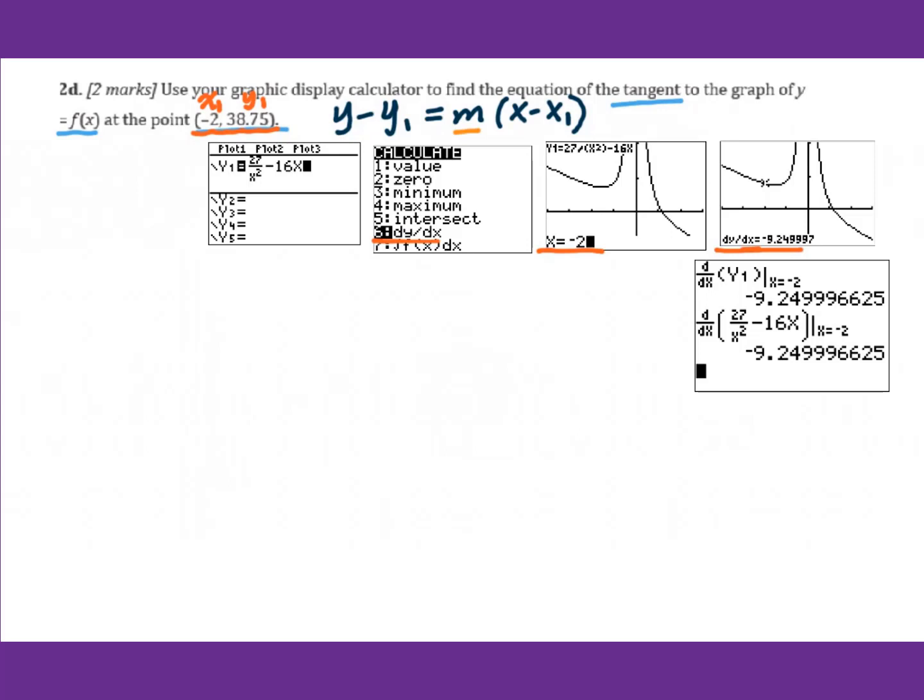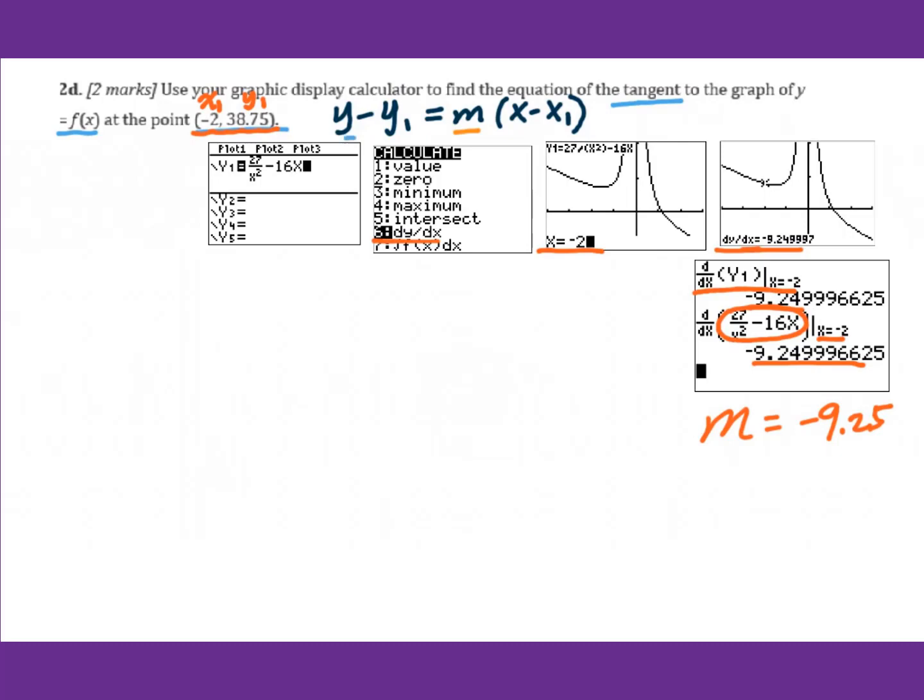Or you can use math 8 and get negative 9.25. Or you can just plug the function into d by dx. When x equals negative 2, you will get the same answer. So we got the slope equals negative 9.25.